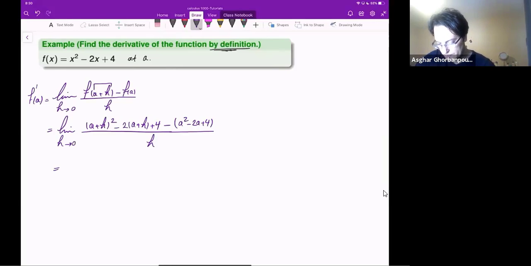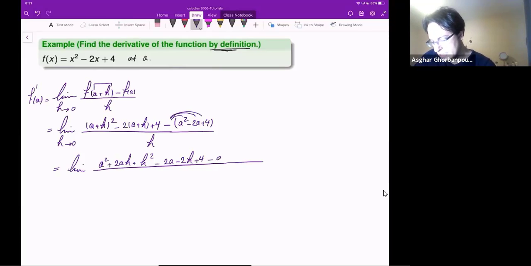Now, expand it. The first one will be a squared plus 2ah plus h squared minus 2a minus 2h plus 4, minus, I multiply the minuses inside, a squared plus 2a minus 4, over h.